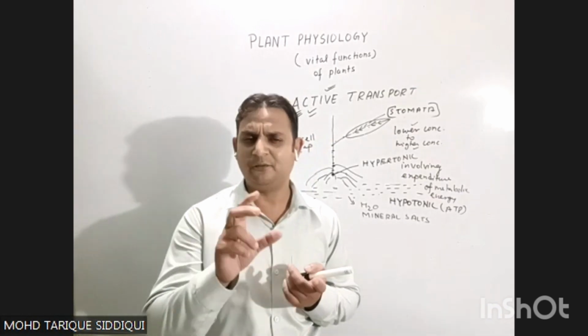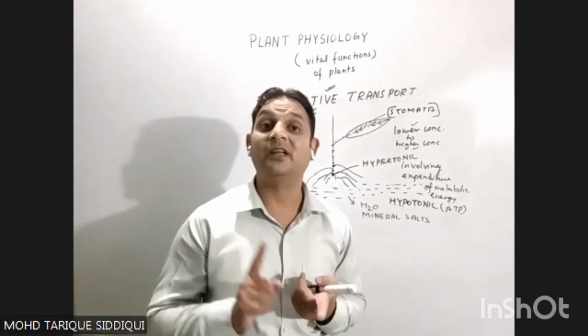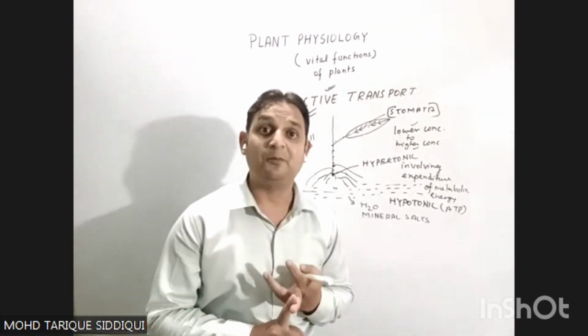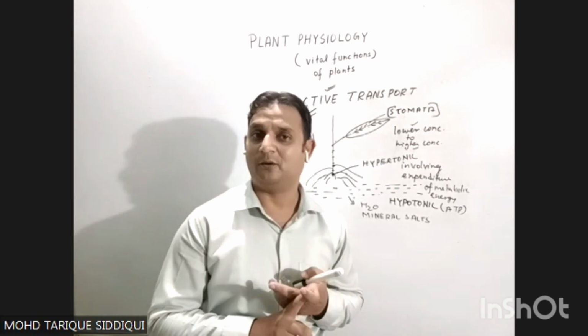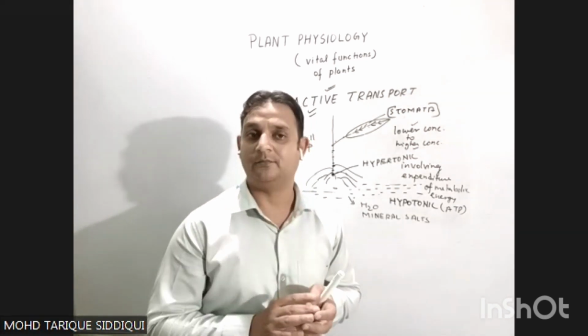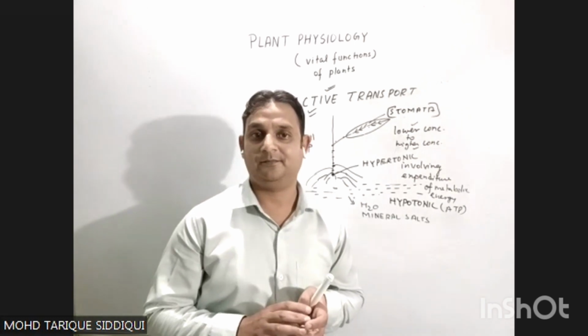Then a few more terminologies here: diffusion pressure deficit, water potential, chemical potential. Two more definitions you have for osmosis. Four I have already told you. All right. In the next video, we will do that. Thank you.